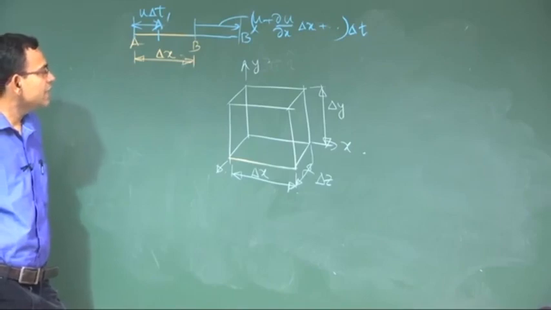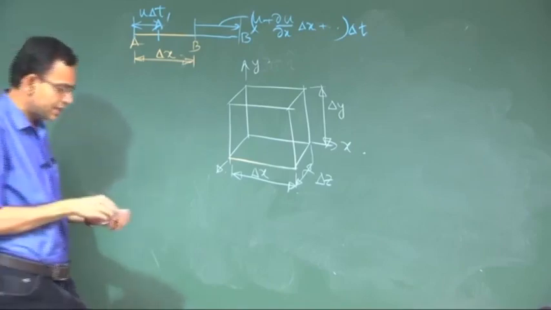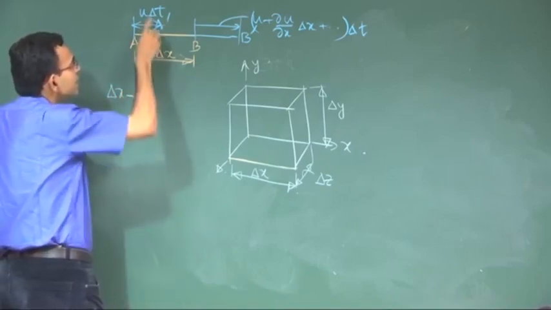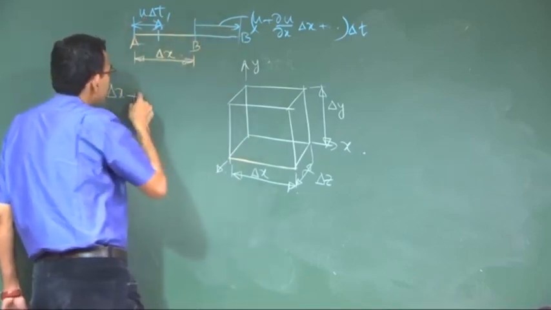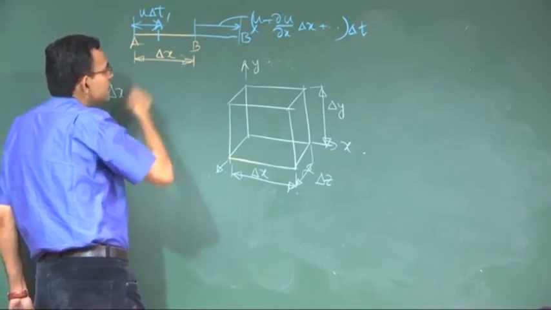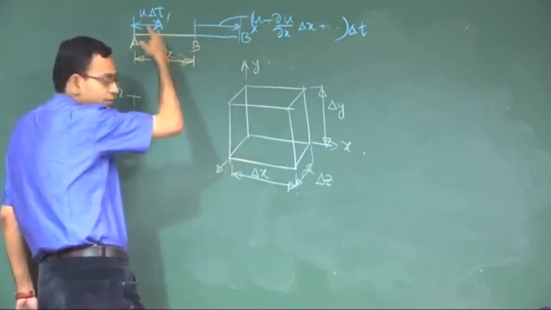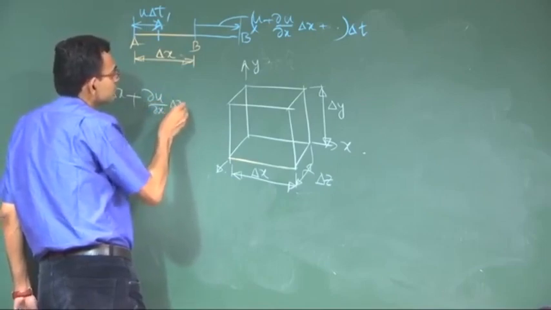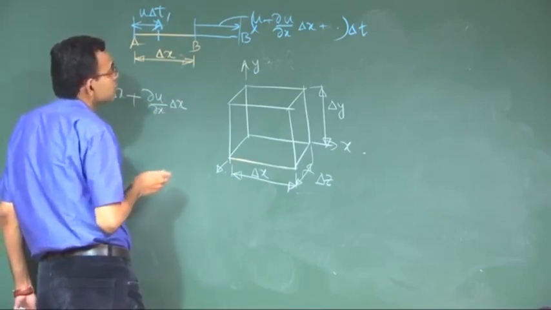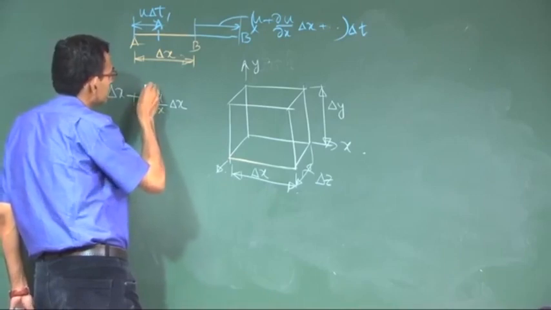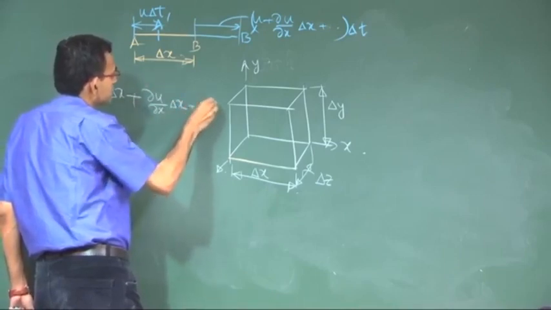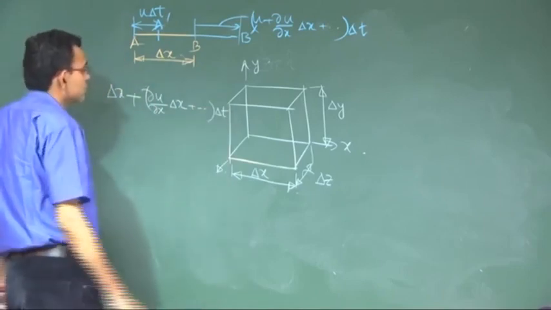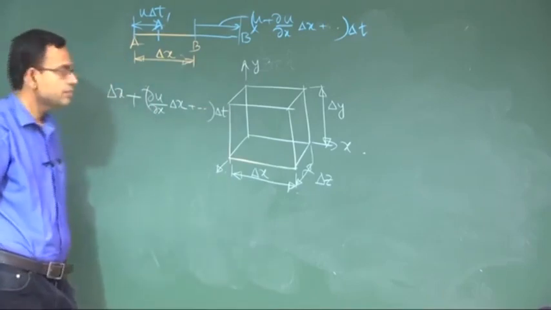The net change in length of delta x is delta x plus the difference. So the new delta x is the old delta x plus this difference.